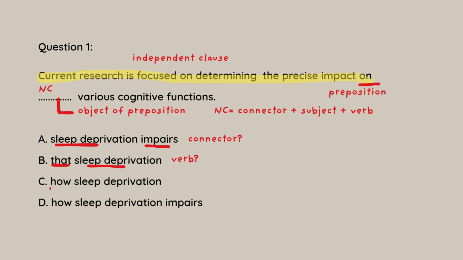Option C has a connector, how, and a subject, sleep deprivation, but it is also missing a verb, so this is incorrect. Option D is correct because it has the connector, how, subject, sleep deprivation, and verb, impairs. The entire noun clause, how sleep deprivation impairs various cognitive functions, acts perfectly as the object of the preposition on.